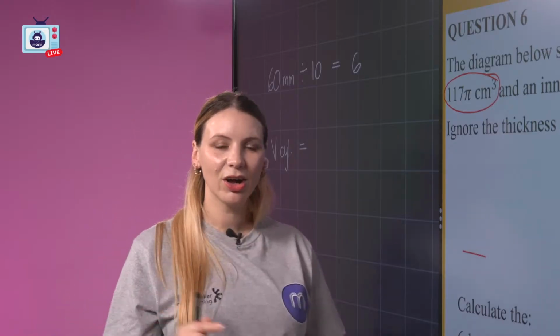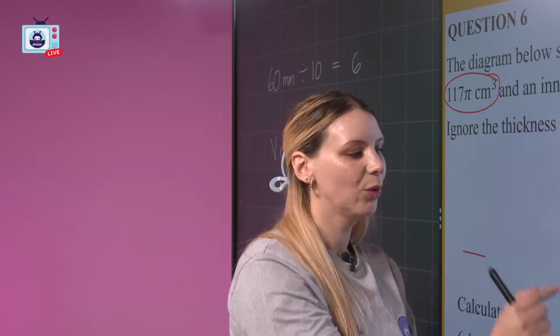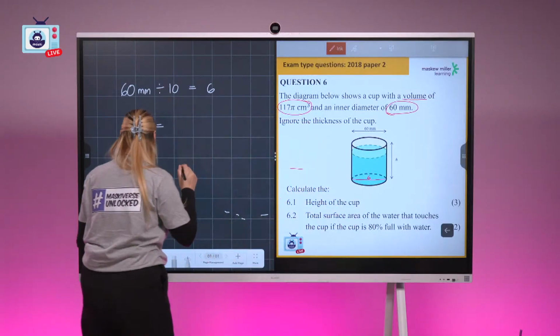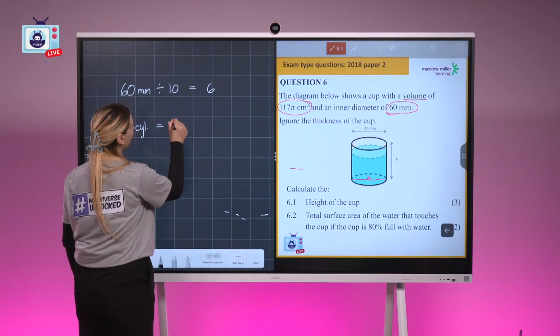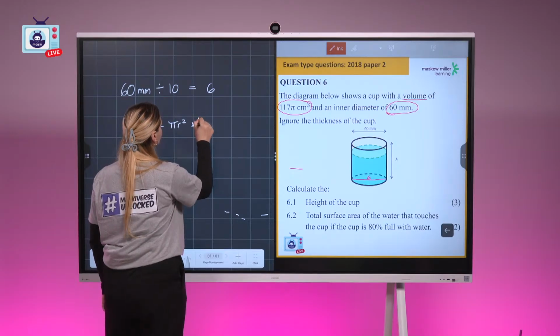It is the area of the base times the height. What base do we have for a cylinder? We have a circle base. So if we have a circle base, it is the area of a circle, which is pi r squared, and we're going to times by the height.